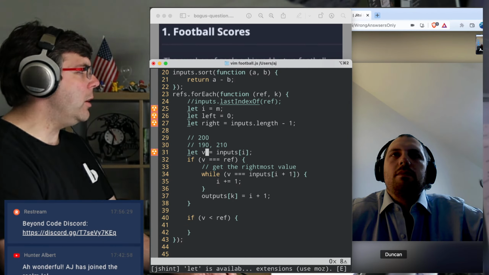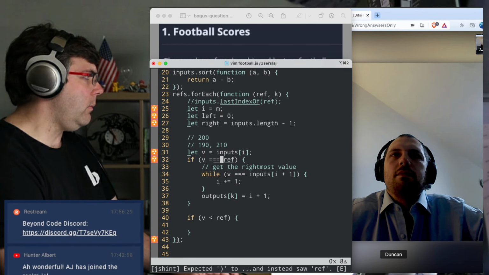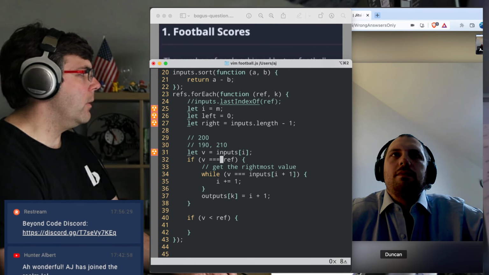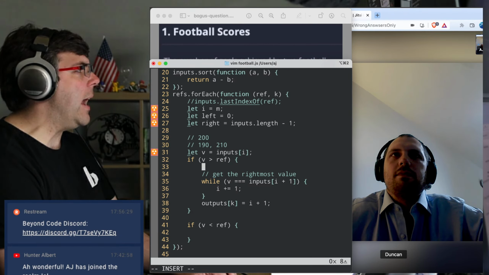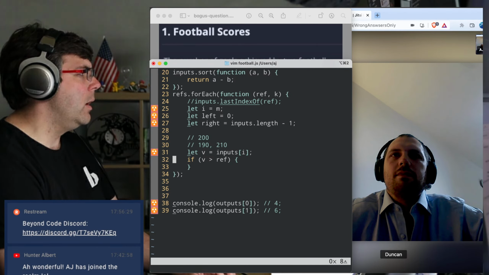And then we're going to get this value v. And if v is greater than the reference, then we need to move halfway between left and right, and then move our left and right marker, I think. So let me get rid of this other stuff. It's no longer important.